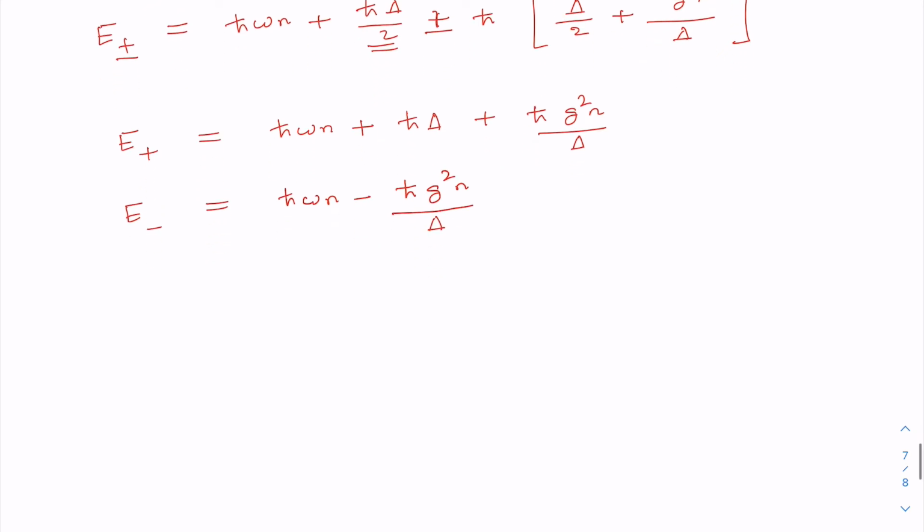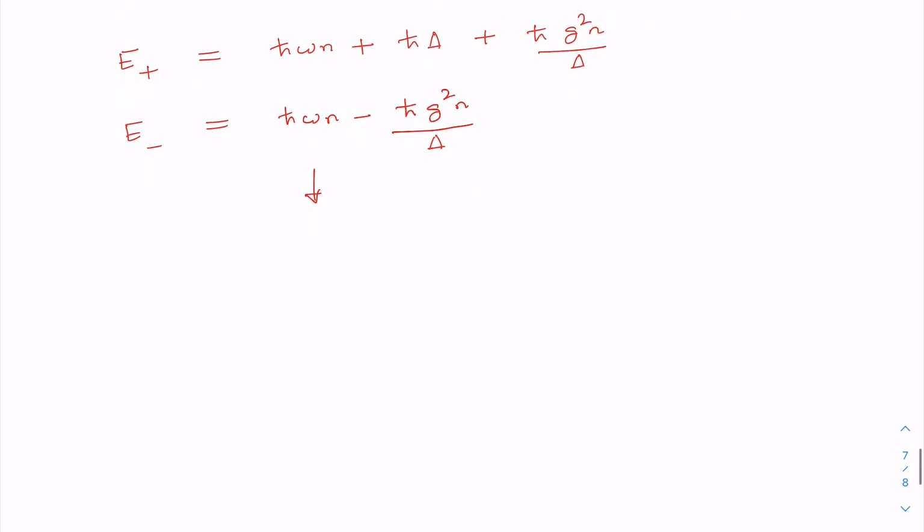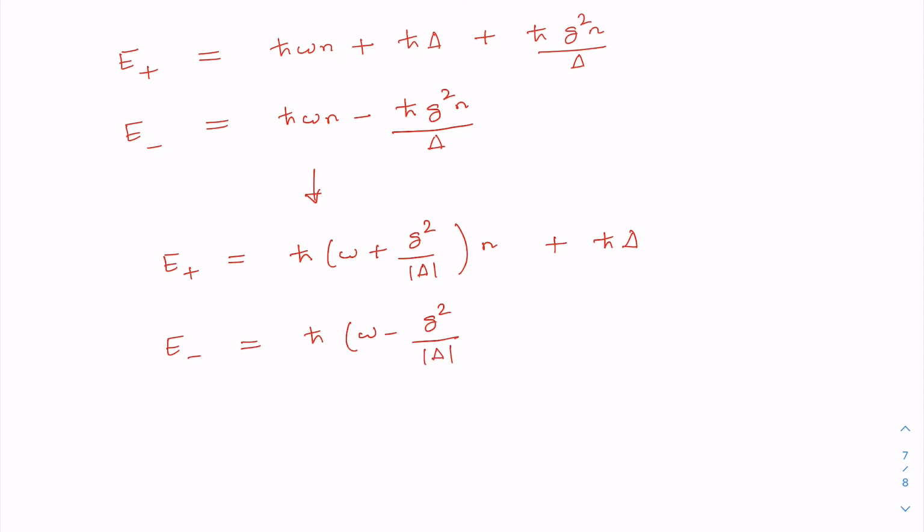Okay, in fact let me rewrite it. This I can also write in this form. Say E plus is equal to ħ(ω plus ζ squared by Δ)n plus ħΔ, and E minus I have simply ħ(ω minus ζ squared by Δ)n.